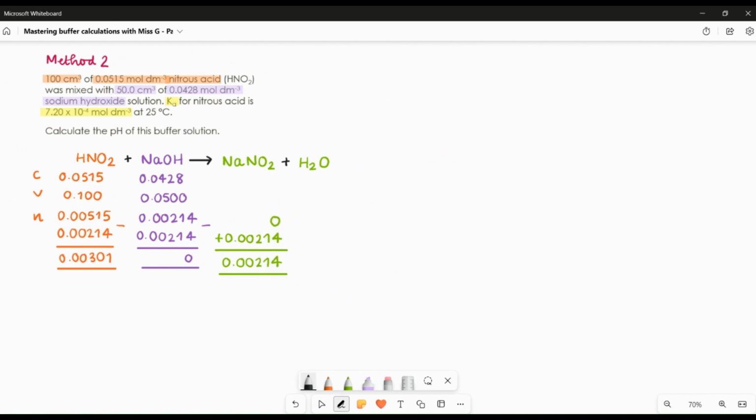So Ka is equal to H plus concentration times concentration of A minus divided by the concentration of the weak acid, HA. When I now rearrange that to get the concentration of H plus equals, I'm going to drop the square brackets because we're going to use the moles of the weak acid and we're going to use the moles of the salt.